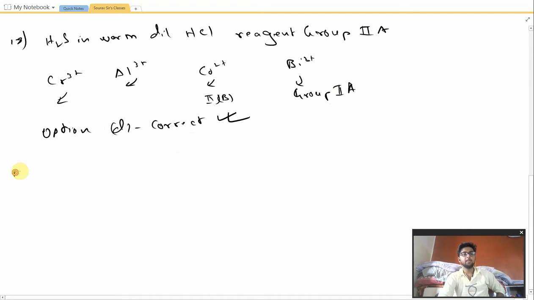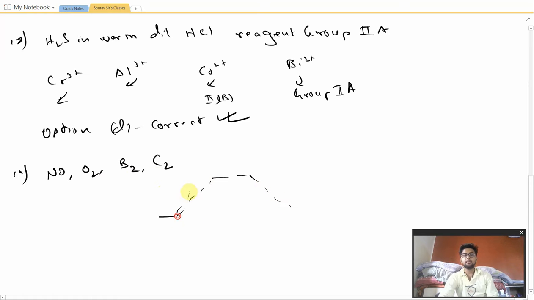Moving on to question number 19, that is the correct statement regarding the observed magnetic moment of NO, O2, B2 and C2. So we are talking about magnetic moment. As you all know, when the 2p orbitals overlap to form a molecular orbital, this kind of orbital is formed.